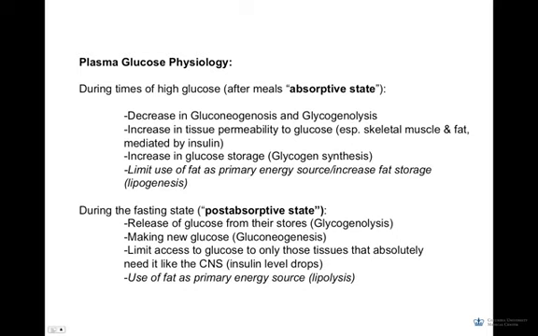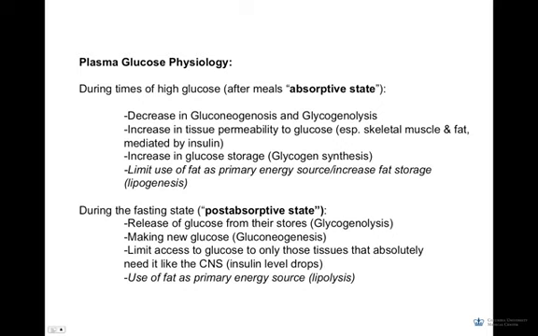We start to turn on glucose storage. Okay, so the tissue types, the skeletal muscle, fat, and liver, start to take up glucose, and it's going to store it in the form of glycogen, or in the case of fat, store it in the form of triglycerides.